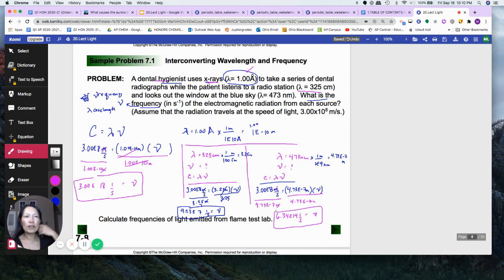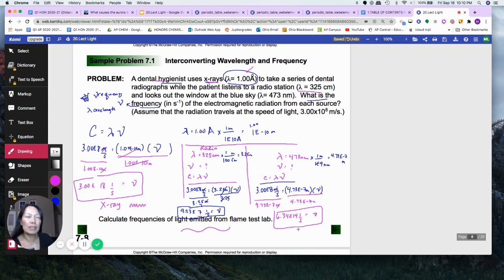If I look at all these waves, the X-ray is a lot more frequent because the waves are really, really small, as you can see, 1 E negative 10. Then the one that's not very frequent is the radio wave. It's very long, and the frequency is not very much.